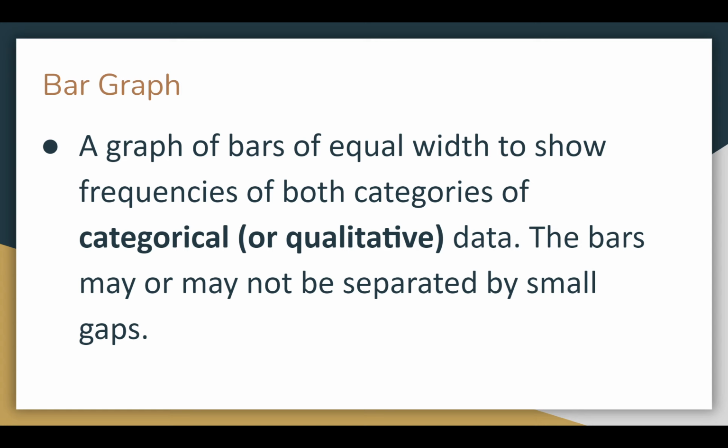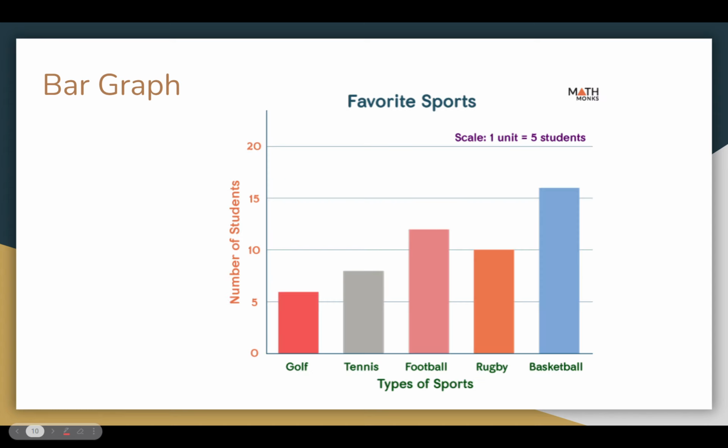So now a bar graph. Last class somebody asked, what's the difference between a histogram and a bar graph? If you remember, with a histogram we work with quantitative data, numerical data. Reading the definition here, a bar graph uses bars of equal width to show frequencies of categories of qualitative data, which is your categorical data. The bars may or may not be separated with small gaps, so your bars don't necessarily have to touch in a bar graph.